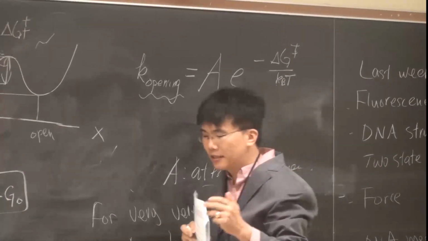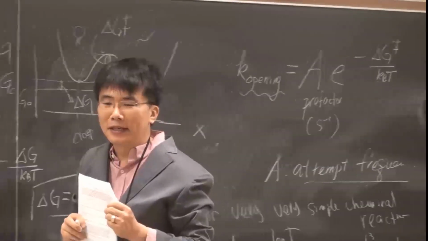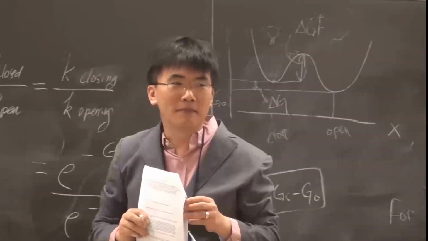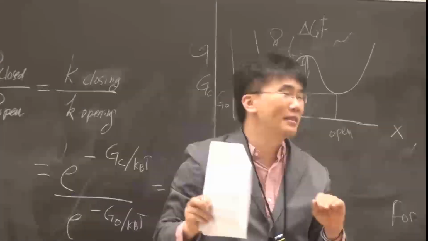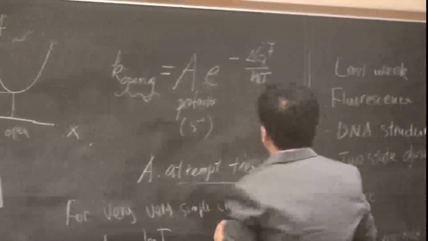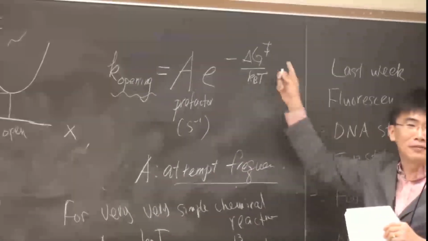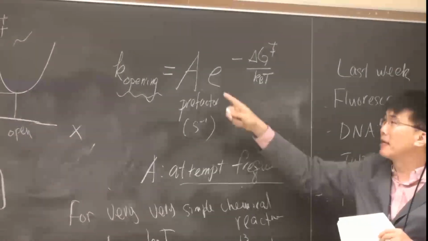So people studying protein folding make a living by arguing about how to estimate the free energy barrier, because you cannot measure it directly based on the rate alone.